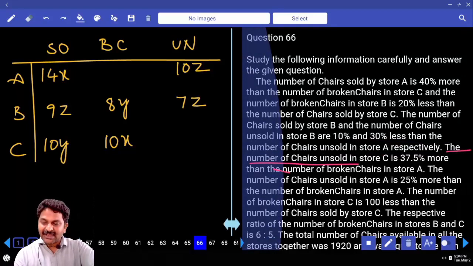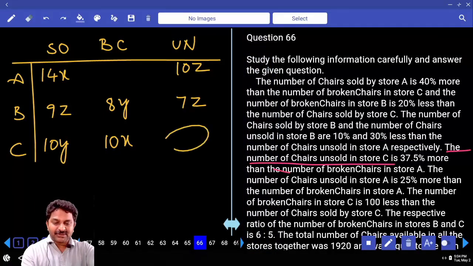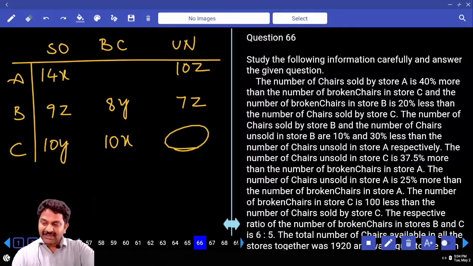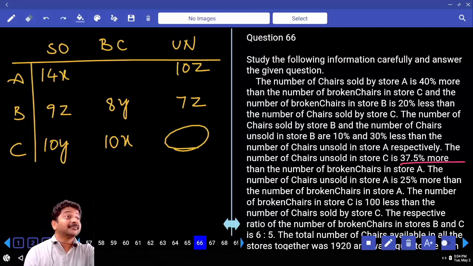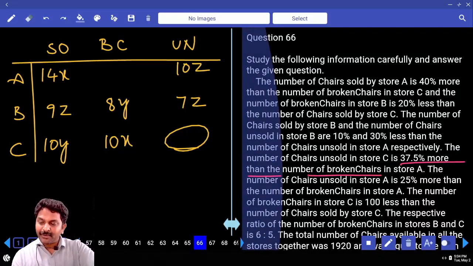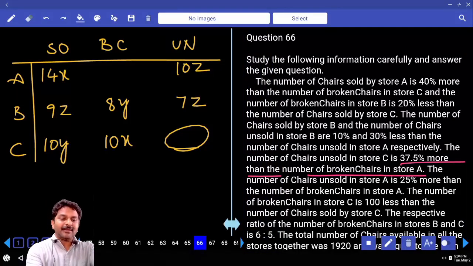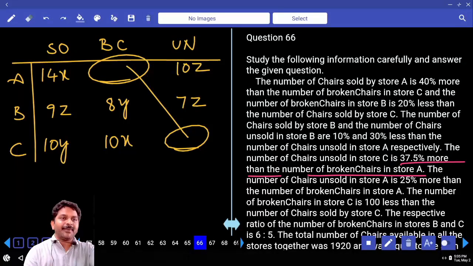The number of chairs unsold in store C is 37.5%, 3 by 8, more than the number of broken chairs in store A. With respect to this, it is compared. And they said 37.5%. So far it was 10%, 20%, 30%.